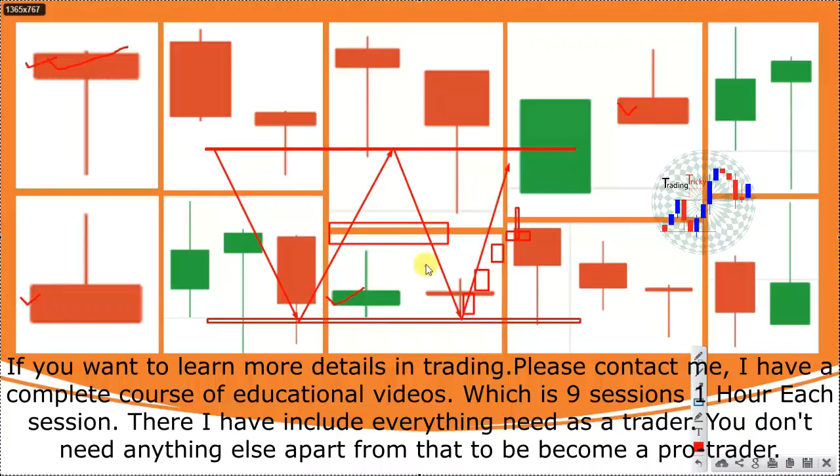If there is any small candle or any opposite side candles, like this is a seller's momentum, here you see a green candle, then most of the time you can expect a red candle here.